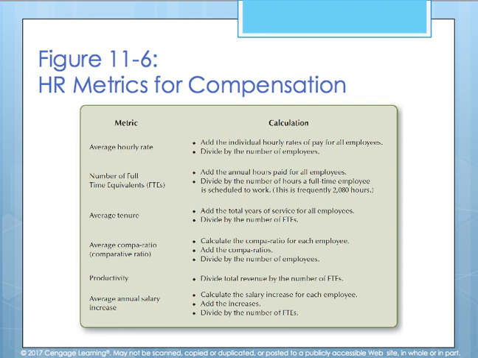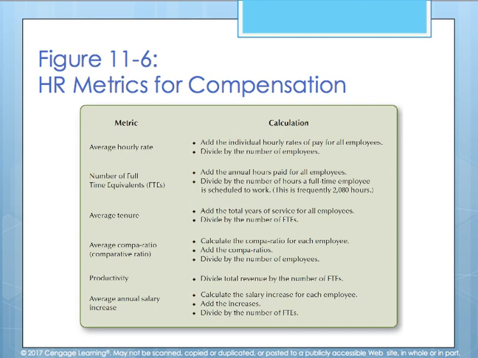So let's look at the metrics tied to compensation. When we have an average hourly rate, how we go about calculating that is you take the hourly rates of pay for all of your employees individually and then divide by the number of employees that you have.